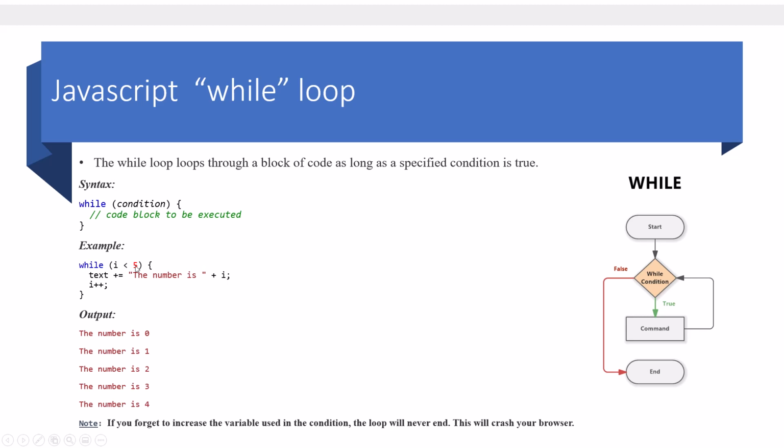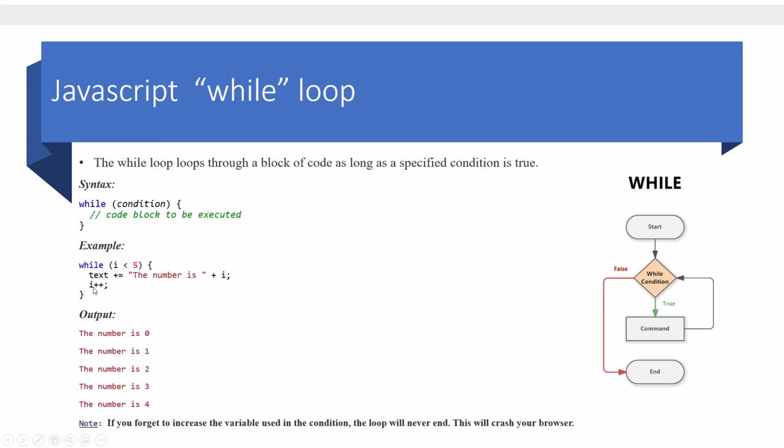While I is less than 5, means we'll just see the value of I. If it is less than 5, we will execute this block of code. So if I value is 0, and we are checking if 0 is less than 5, then text is equal to the number is 0. Then we are increasing the counter, and again we'll check.